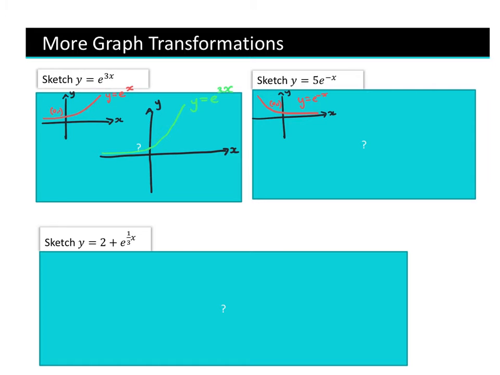Okay, so when I'm now sketching my graph, my final graph is going to look like this. Okay, my new coordinate here, 0, 5, where it crosses the y-axis, and you can see it's slightly steeper. And this is y equals 5e to the power of minus x.